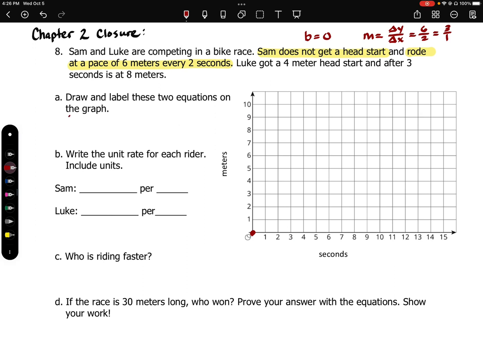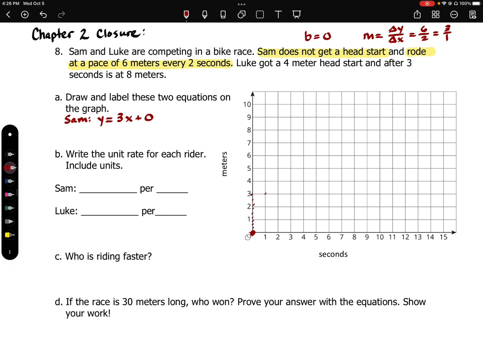If we were going to write an equation for Sam, it would be y equals the slope, which is 3, times x, which is the number of seconds, and then you could say plus 0 if you want to. That's his starting value. As we know the starting value and we know the slope is either 6 over 2 or 3 over 1, we can count up.